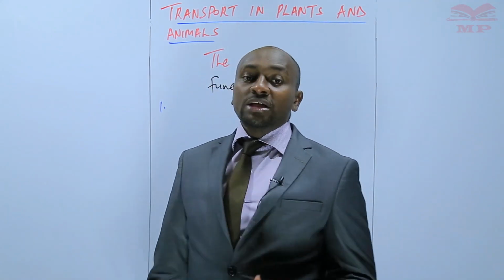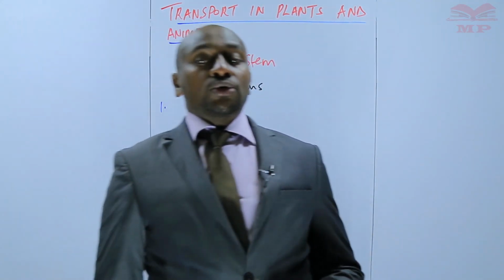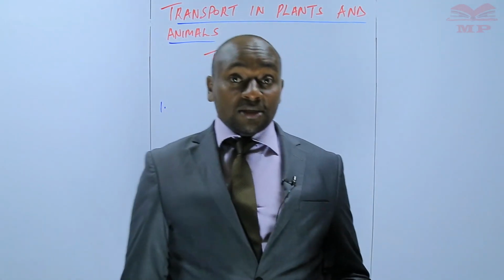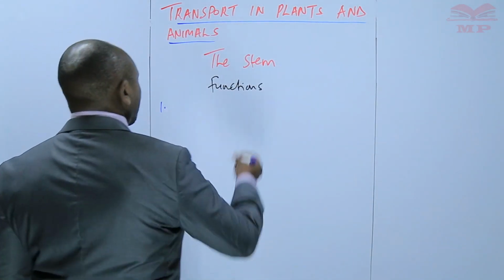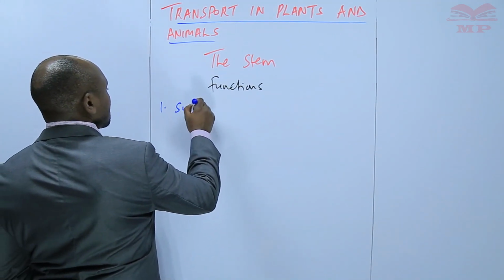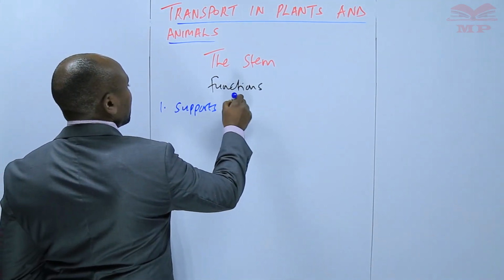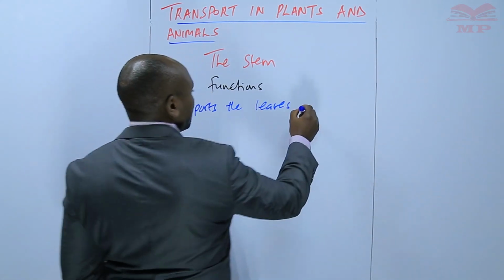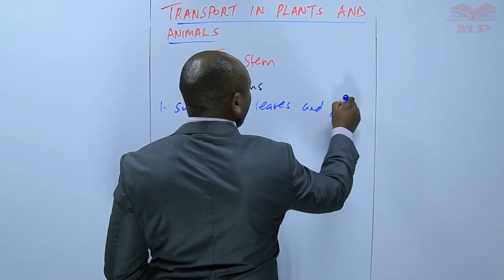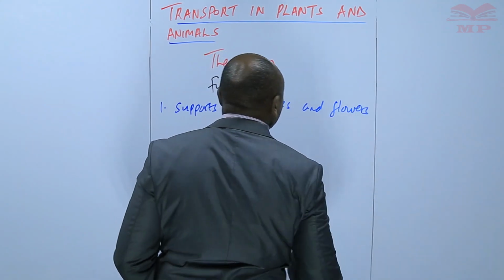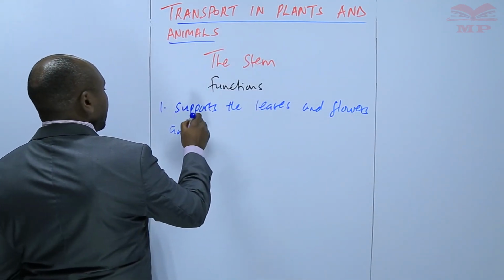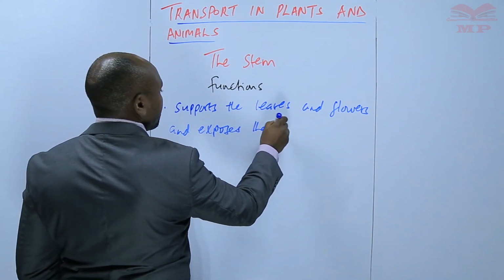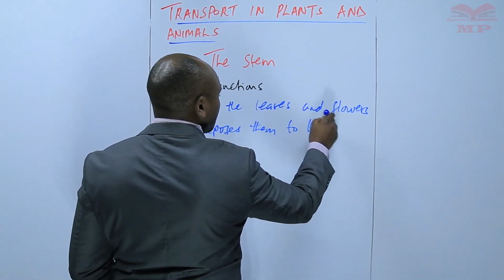Leaves need to be exposed to sunlight for photosynthesis. So basically, we are saying that the stem supports the leaves and flowers and exposes them to the environment.